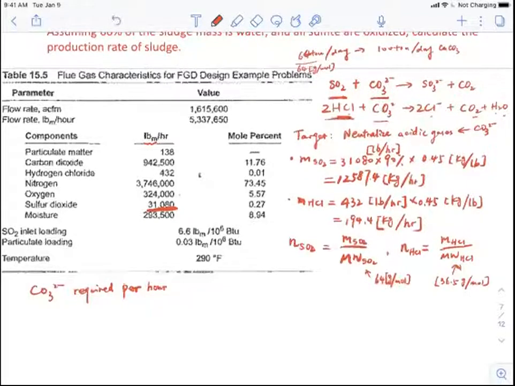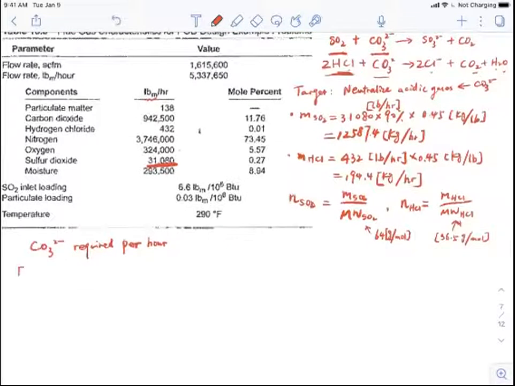In order to react 1 mole of the hydrogen chloride, we need 0.5 mole of the carbonate ions. For the sulfur dioxide, that is going to be M_SO2 divided by the molecular weight of SO2, multiplied by 1, which is 12587.4 divided by 64.